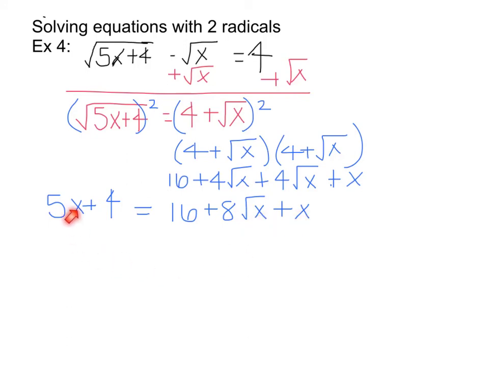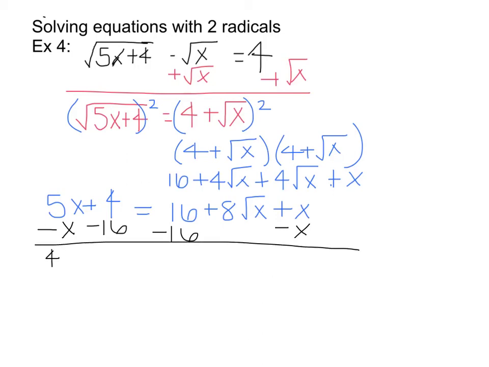So I need to move the x to the other side and the 16, so that way I can undo that square root of x. To move x, I'm going to subtract it. To move 16, I'm going to subtract it. So that gives me 4x minus 12 equals 8 square root of x.